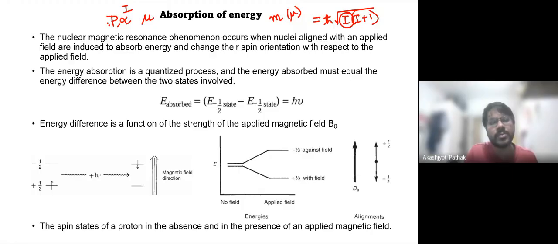When we remove this proportionality, we get a constant term which is called the gyromagnetic ratio. So the nuclear magnetic moment mu is equal to gamma p.